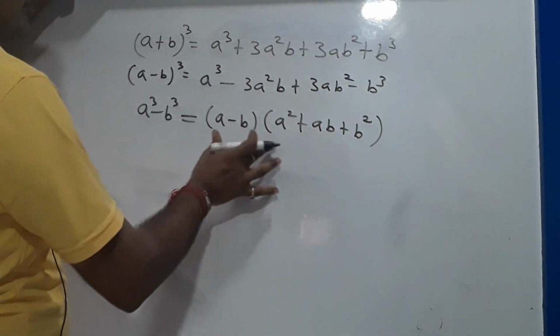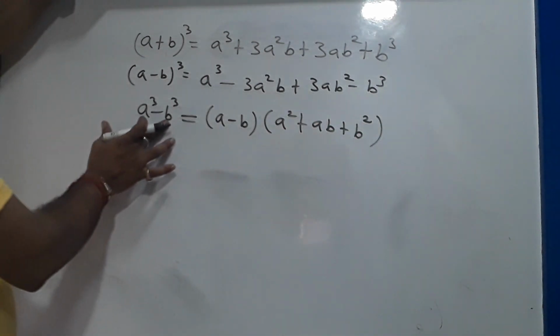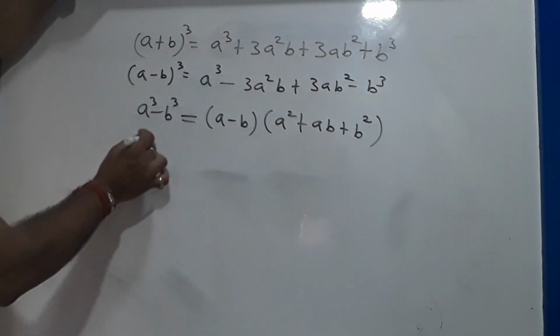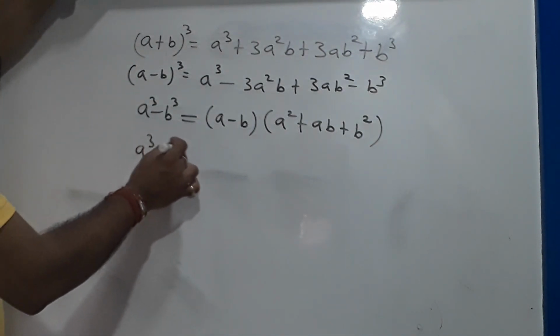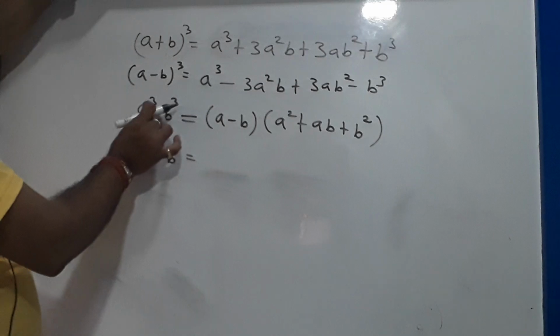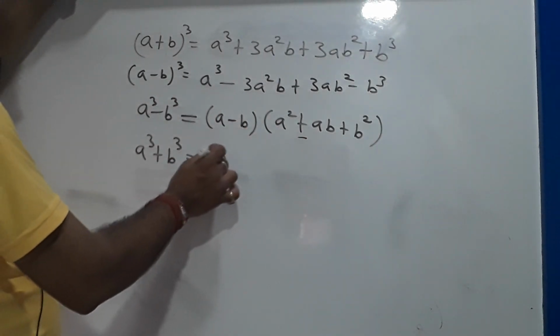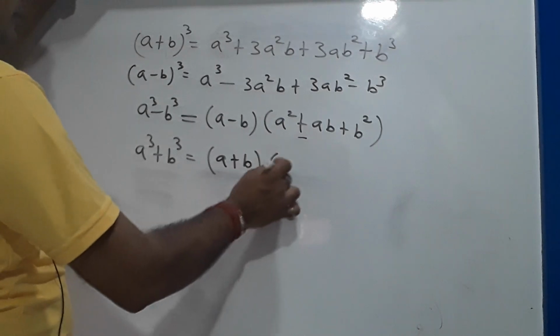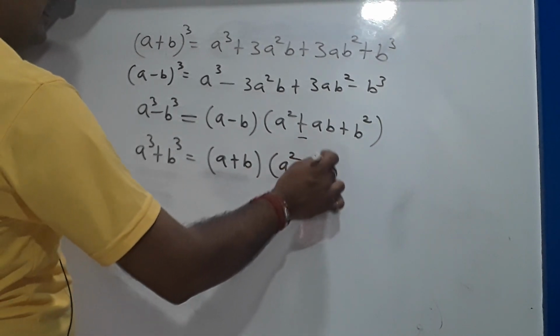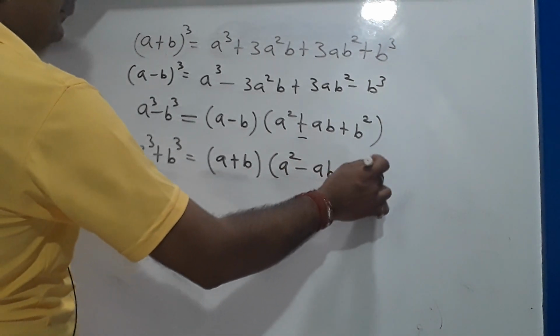So whenever you come across this expression, you can directly write a cube minus b cube. Then the a cube plus b cube formula: if it is minus, first bracket minus, second bracket plus. Then a plus b into a square minus ab plus b square.